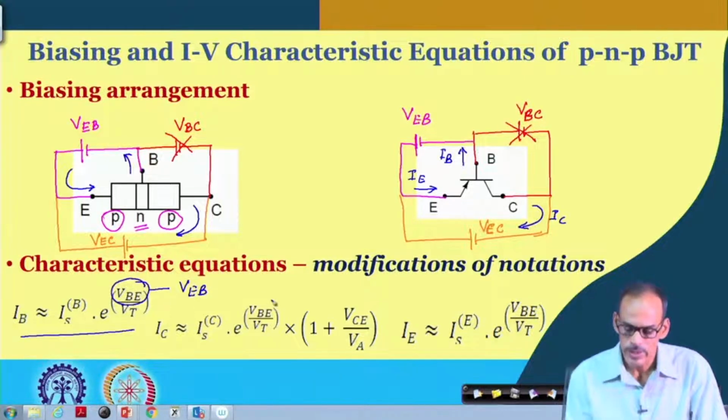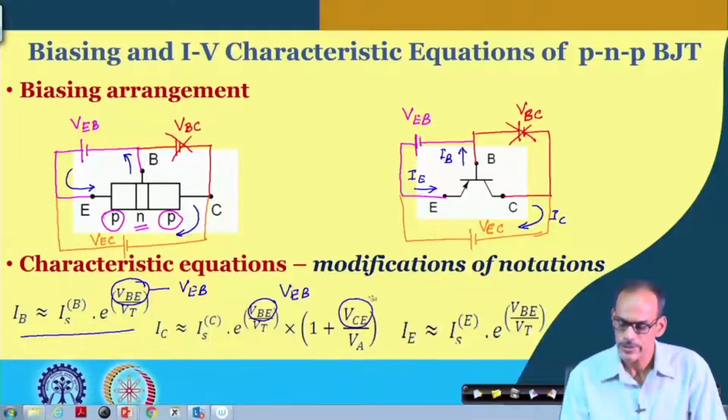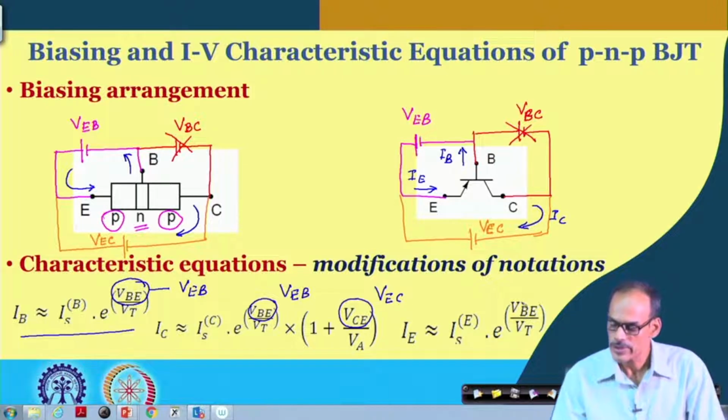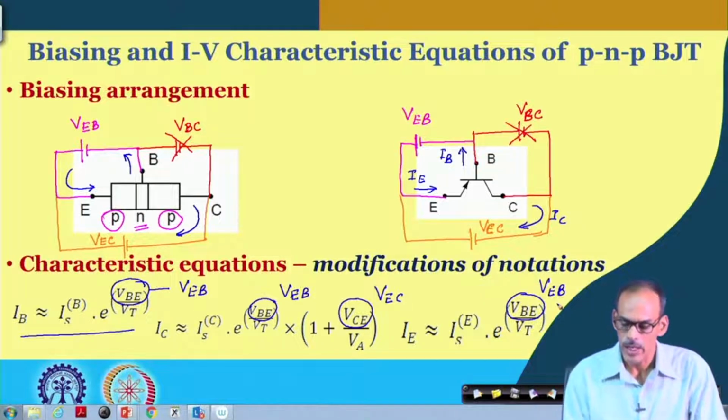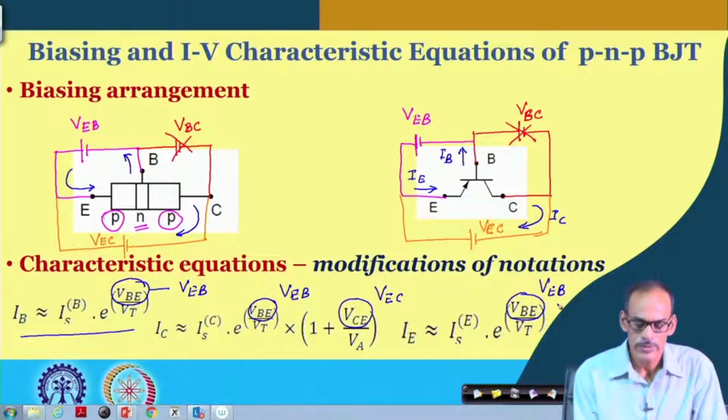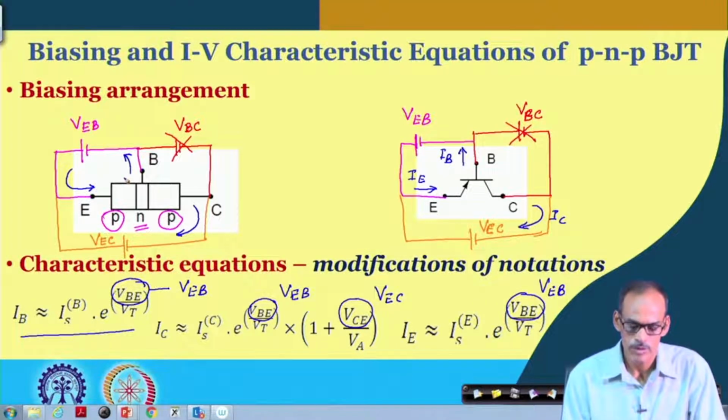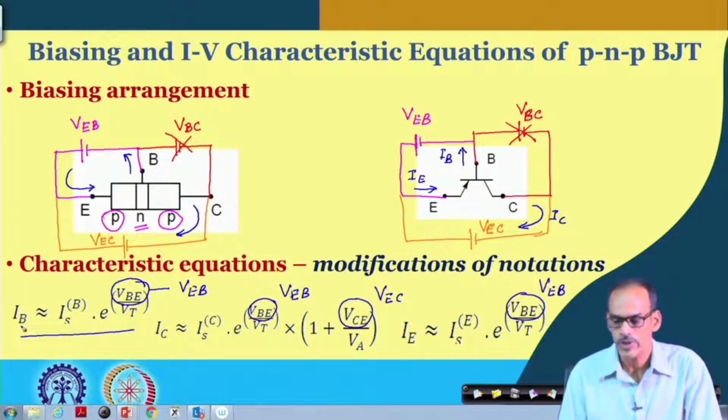Likewise here we can replace this with VEB and this with VEC. Likewise here also for the emitter this will be VEB. In fact, if you simply change the positive polarity of the currents appropriately, then the same equations we have discussed for NPN can be utilized for this circuit also.